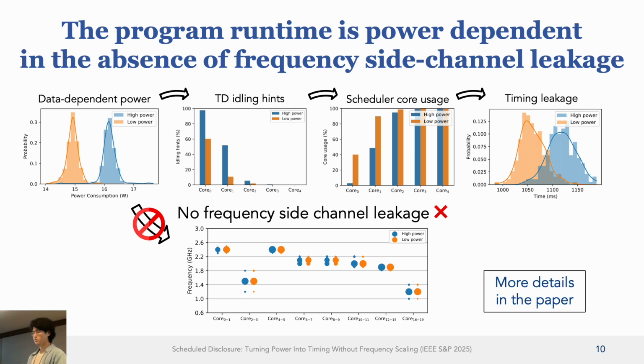In the paper, we further show that the program runtime is power dependent even when the frequency of the cores is constant, and also reverse engineer the cross-component data leakage when the GPU is active. So please check out the paper for further details.